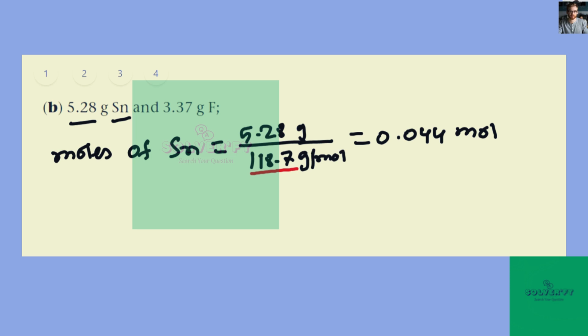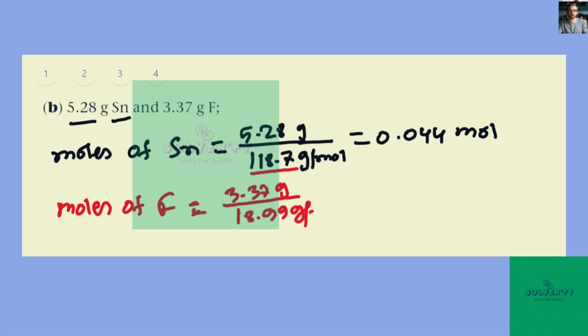Then we'll calculate the moles of fluorine, which will be the mass of fluorine, 3.37 gram, over its molar mass, which is 18.99 gram per mole, and this will give us a value of 0.177 mole.